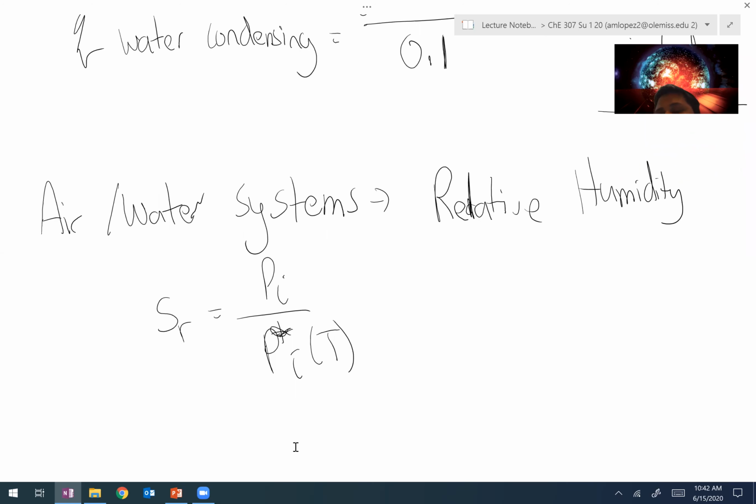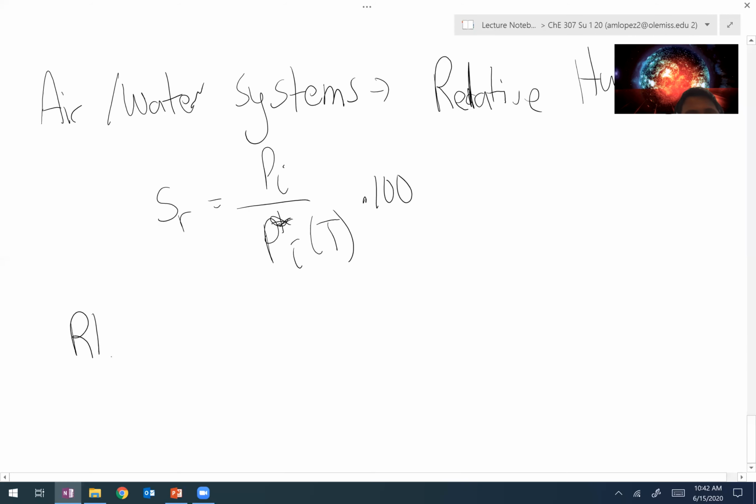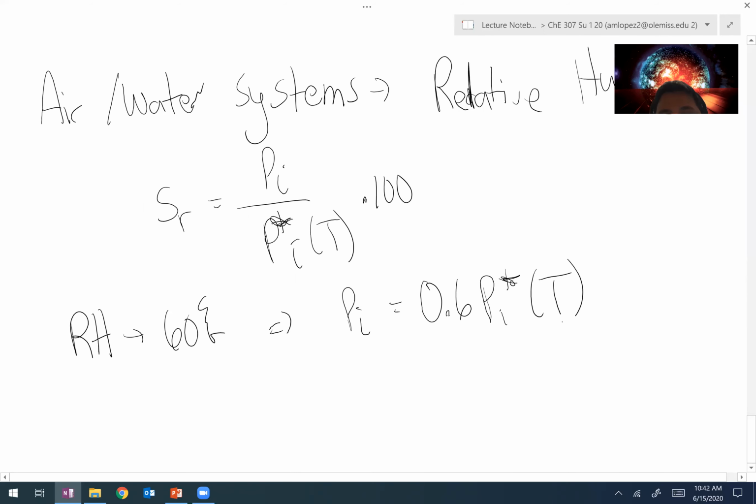So it's a comparison of the current water partial pressure versus its saturation pressure times 100. So if I say the relative humidity today is 60%, that implies that the current partial pressure is 60% of the saturation pressure at the outside temp.